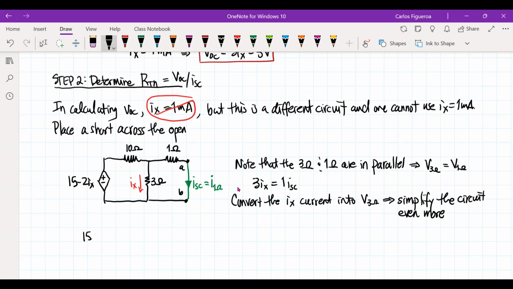I'm going to get 15 minus 2Ix, and then I have my 10 ohm resistor, and then I have this resistor right here.